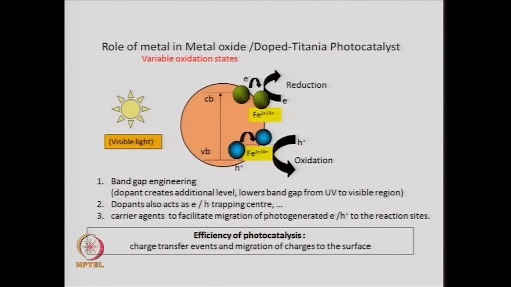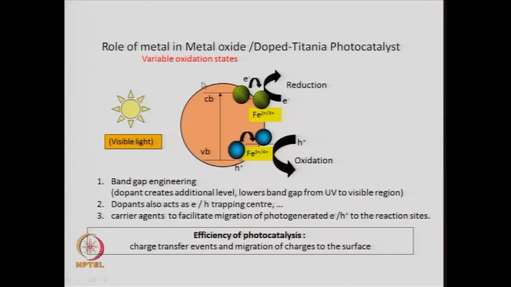Now, what is the role of the metal oxide? You can dope metals, we studied they have different roles, and we looked at several cases of metal doping, how it can remove the electron if it is outside and what it does if it is in the core. Now, look at metal oxide and choose a metal which can have variable oxidation states.